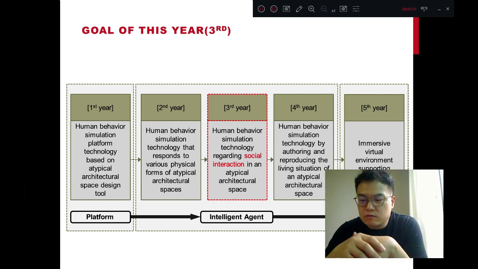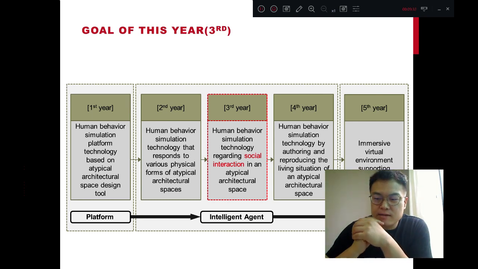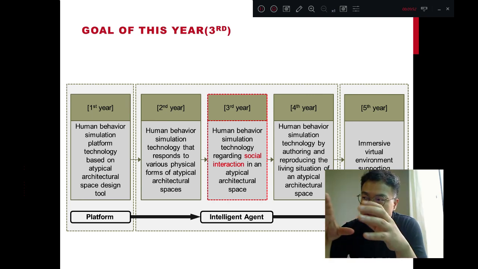So in order to accomplish a more realistic simulation environment, we need the agents to be able to react in more detail to the atypical building shapes.